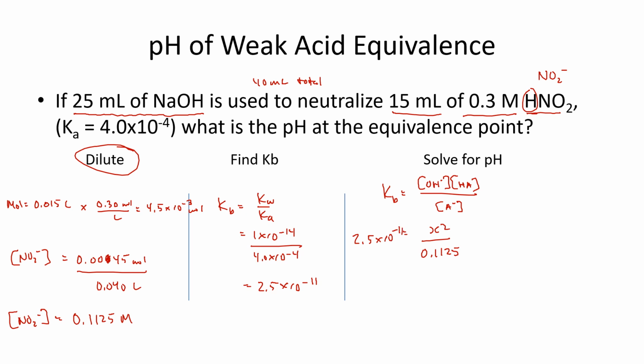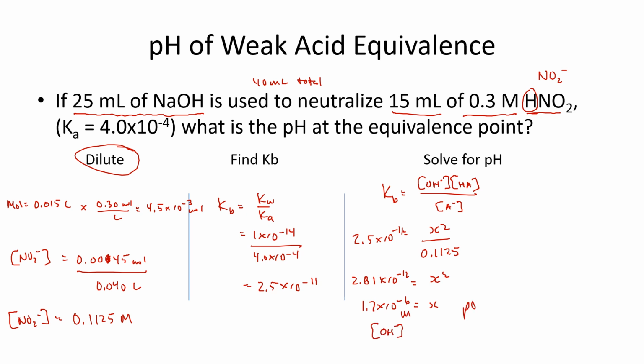And so we'll multiply those two, so times 0.1125, so x squared equals 2.81 times 10 to the negative 12. And then we'll take the root of that, and we get x equals 1.7 times 10 to the negative 6. And so that's moles per liter, and that's our concentration of hydroxide.